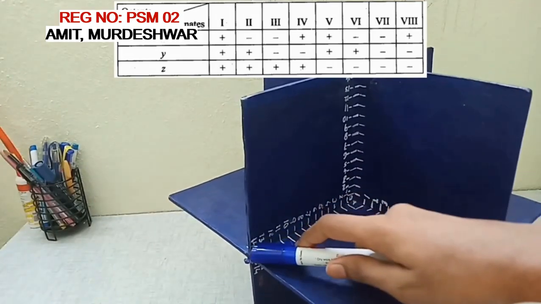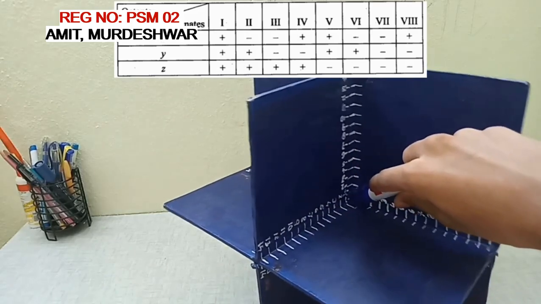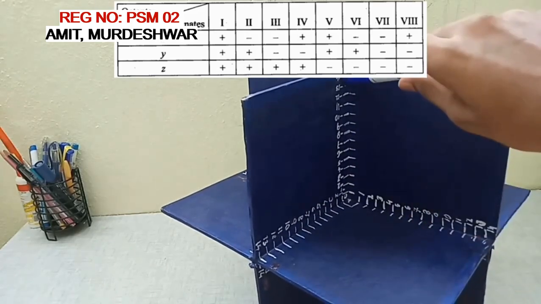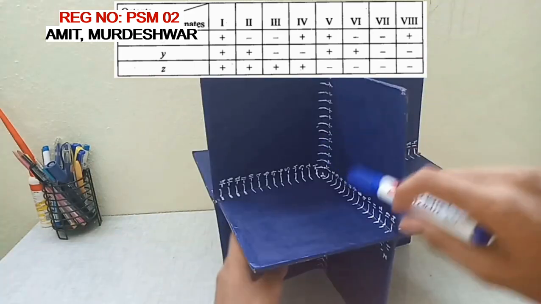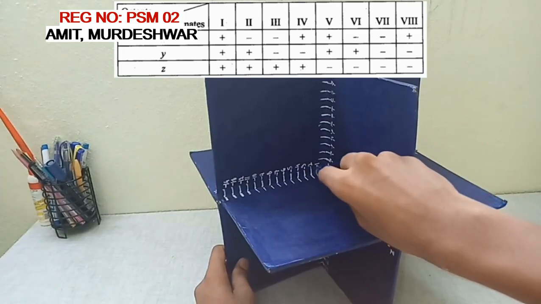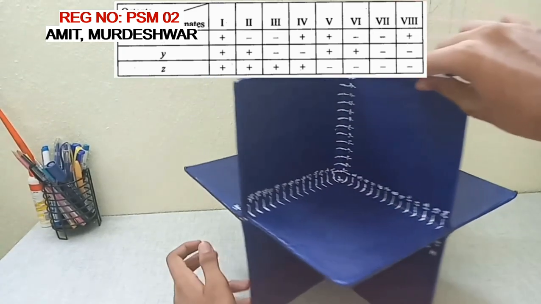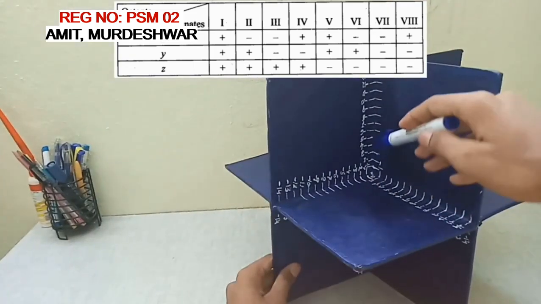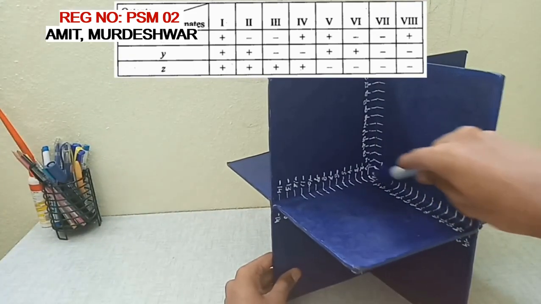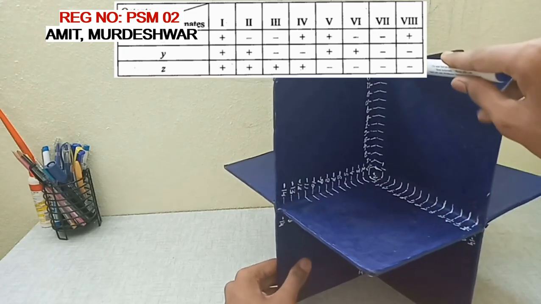Here x-axis is positive, z-axis is positive and the y-axis is negative. As we go on to the sixth octant, here x value is negative, y is positive and z is negative. And here is the seventh octant. Here x-axis is negative, y-axis is negative, z-axis is negative.